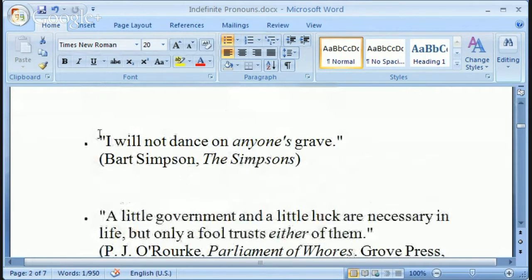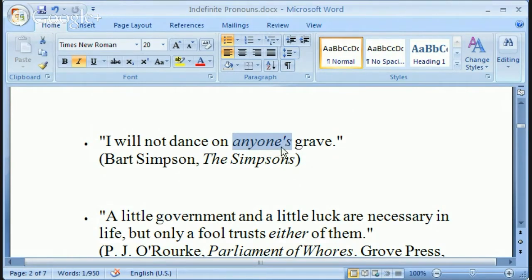In this next sentence from Bart Simpson, I will not dance on anyone's grave. Okay, anyone's. Now look at this.